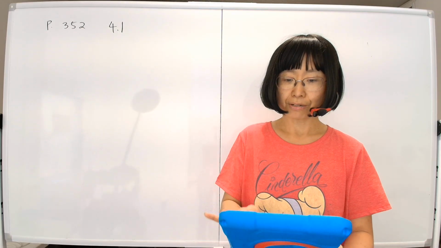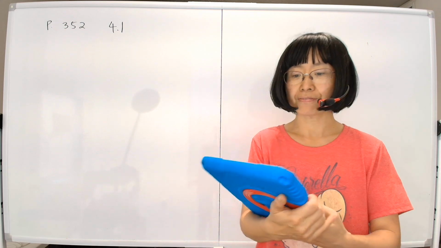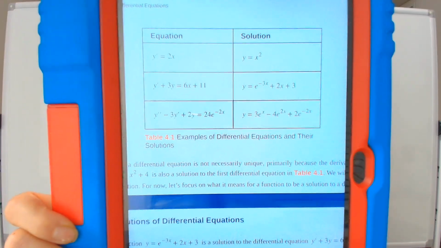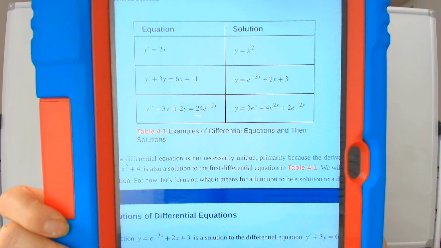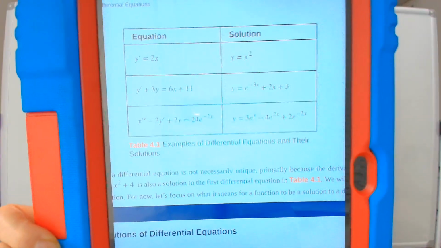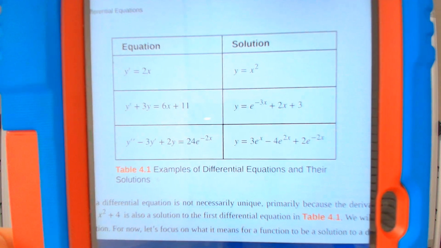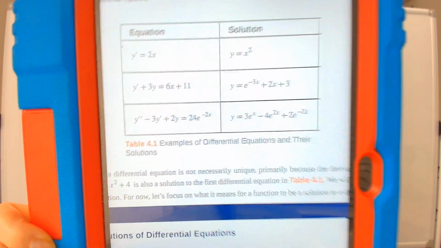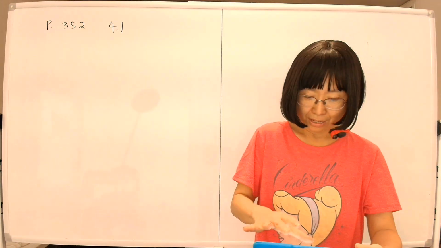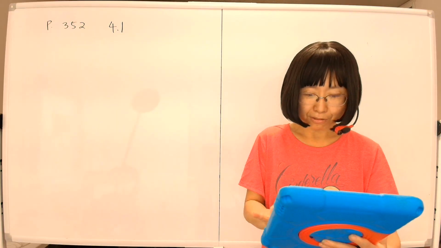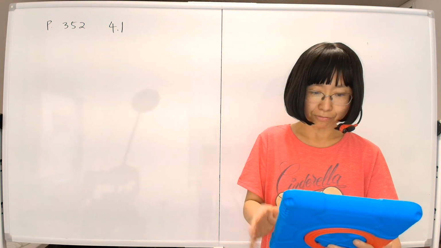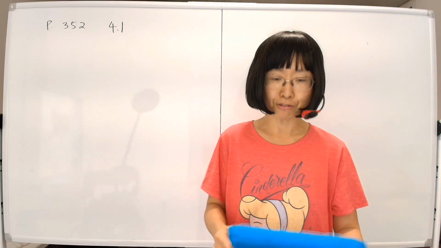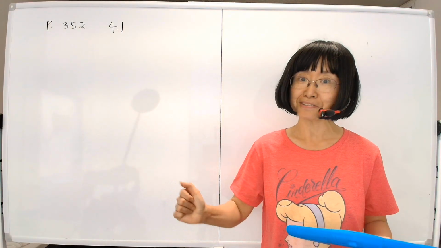For example, among the samples at the top of the page, the first equation has order 1, and the third equation has order 2, because the highest order is the second derivative. That's all it means. It doesn't mean a whole lot, but you should know what the word means. For that, please do example 4.2, where you identify the order.